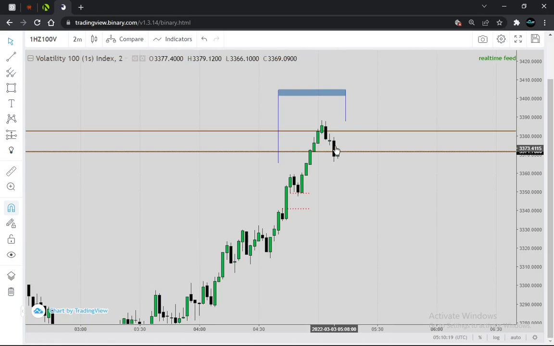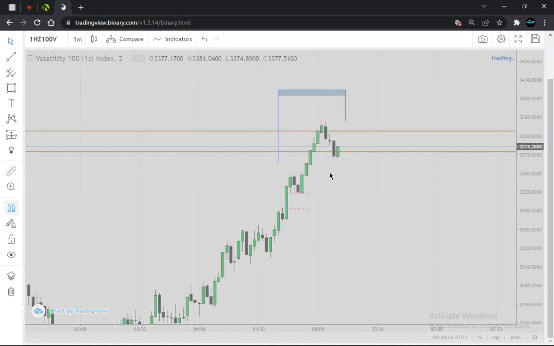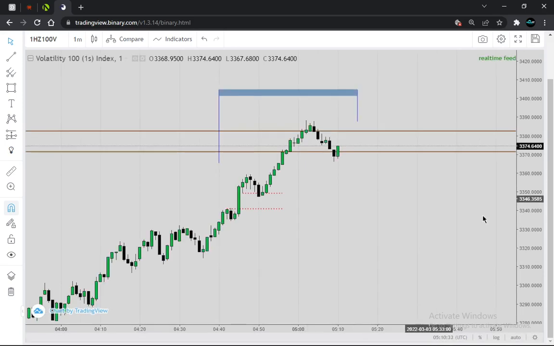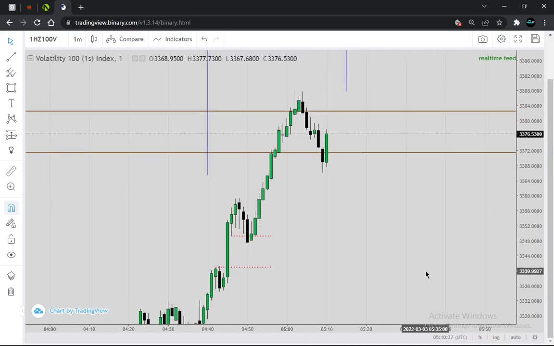So price is now trading back into this imbalance. Let me go to the 1-minute chart. Trading back there. Trading back into the imbalance, inside that fair value gap during the kill zone.